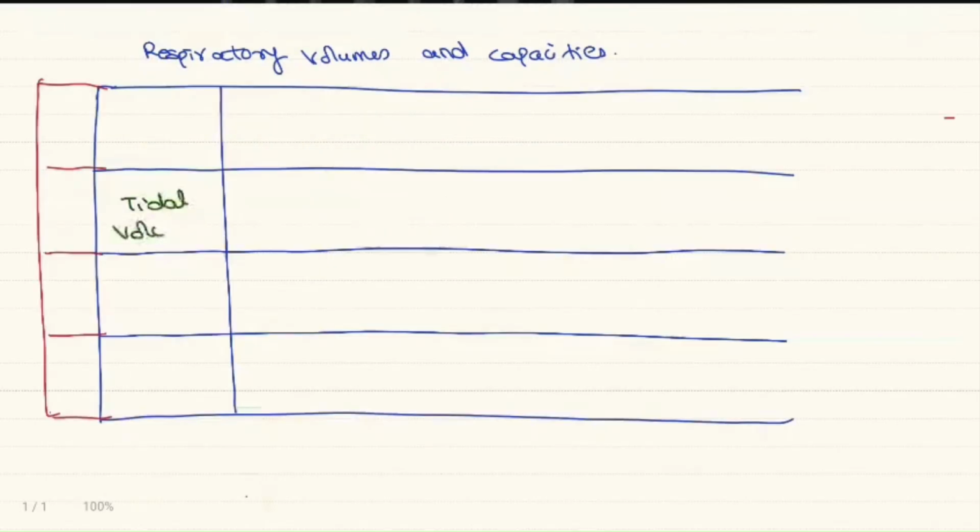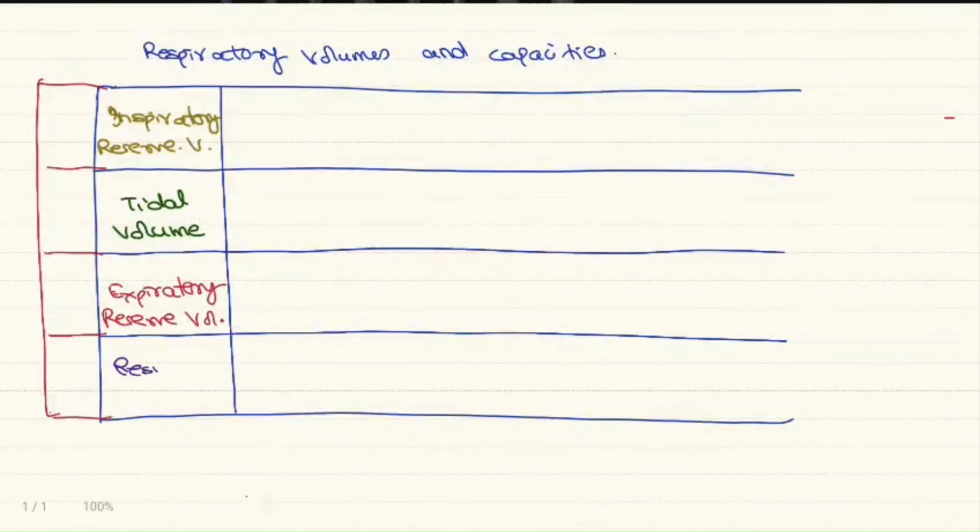The four volumes are the tidal volume, the inspiratory reserve volume, the expiratory reserve volume, and the residual volume. These are the basic four volumes. We'll see them one by one.